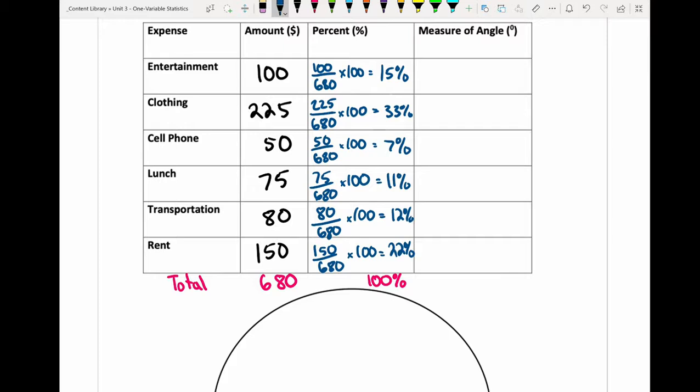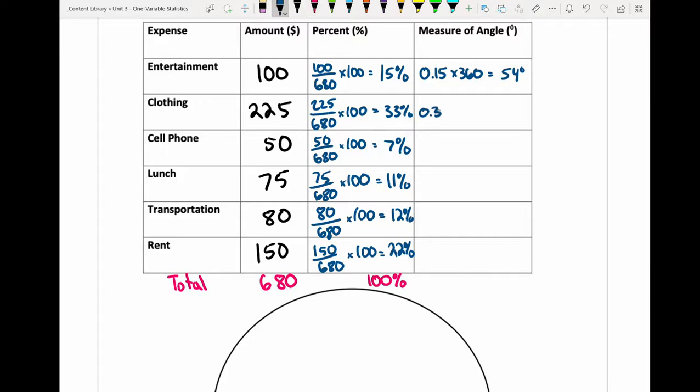So in order to do that, we need to take the decimal version of our percent and multiply it by 360. Right? We want to find what is 15% of 360. We get 54 degrees, right? Because there's 360 degrees in total in a circle.